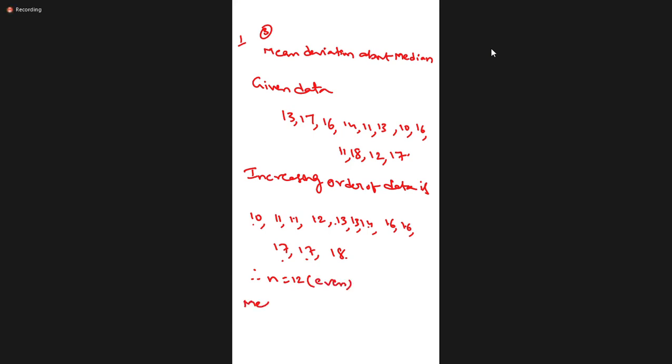So median equal to 1, 2, 3, 4, 5, 6, 7. So median equal to 6th plus 7th observation by 2.